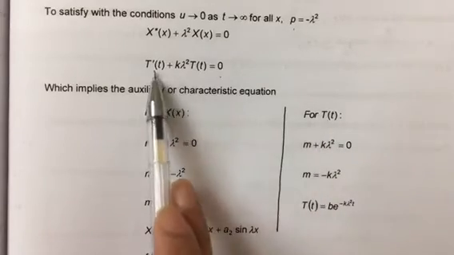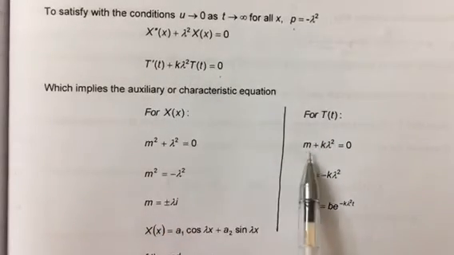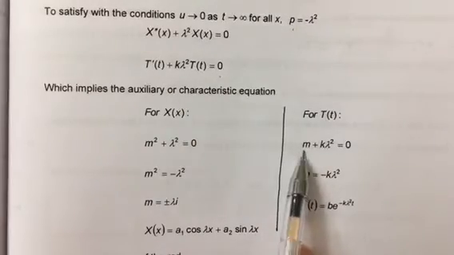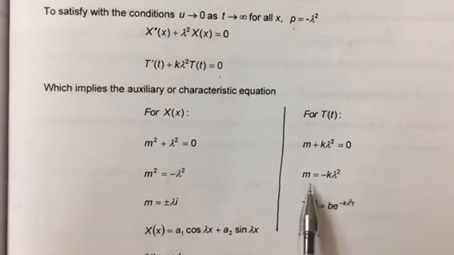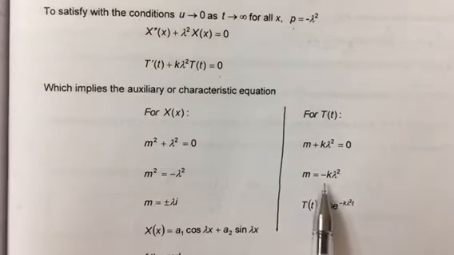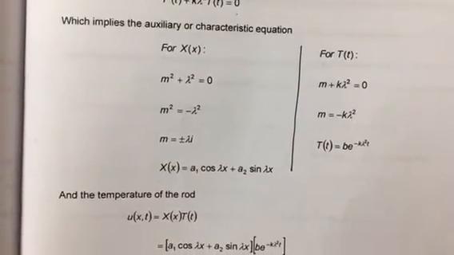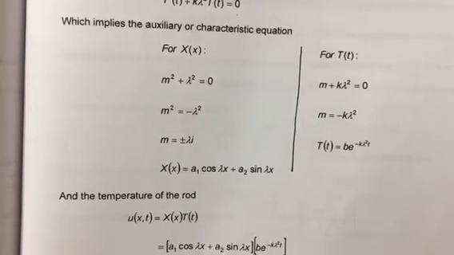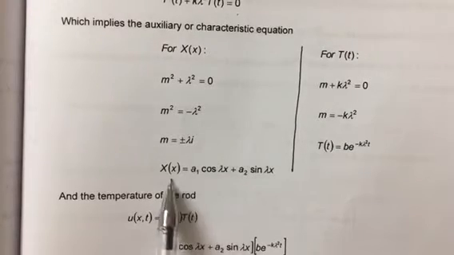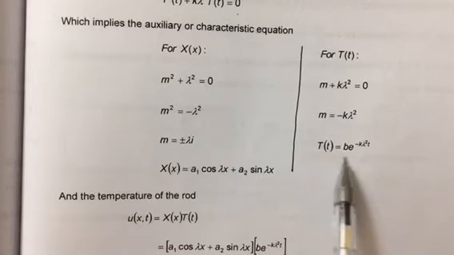For T prime equal to negative k lambda squared T, we replace T prime by m, so m equal to negative k lambda squared. So this m will give the answer T equal to B exponent negative k lambda squared t. Okay, combine these two answers, so we get u equal to A1 cos lambda x plus A2 sin lambda x from here, times B exponent negative k lambda squared t from here.